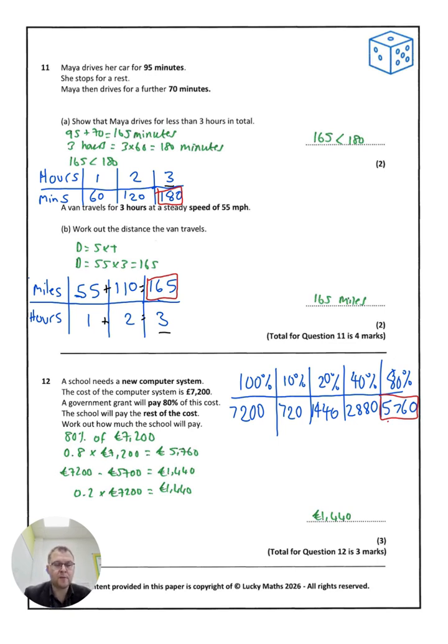Percentages is an interesting topic on the calculator paper because I've seen a lot of students manually work these questions out, so not using the calculator, and proceed to get them wrong.